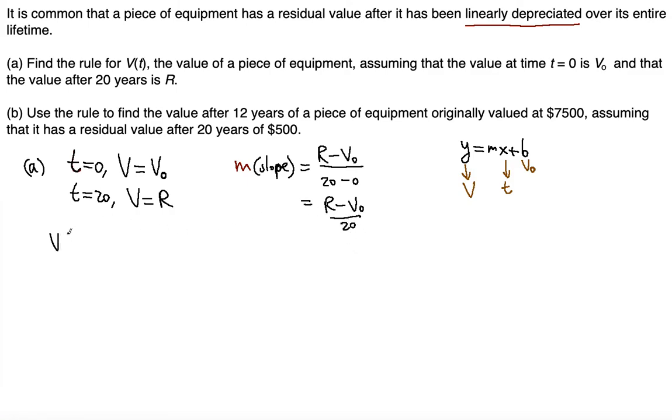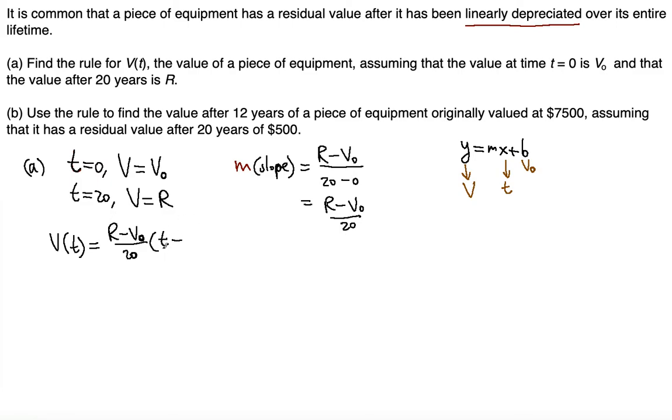So in return, the function that shows the value of a piece of equipment as a function of t will be equal to the m, which we just found, which is r minus v subscript 0, the original value of the piece of equipment, divided by 20, times t minus... We can use any one of these points.